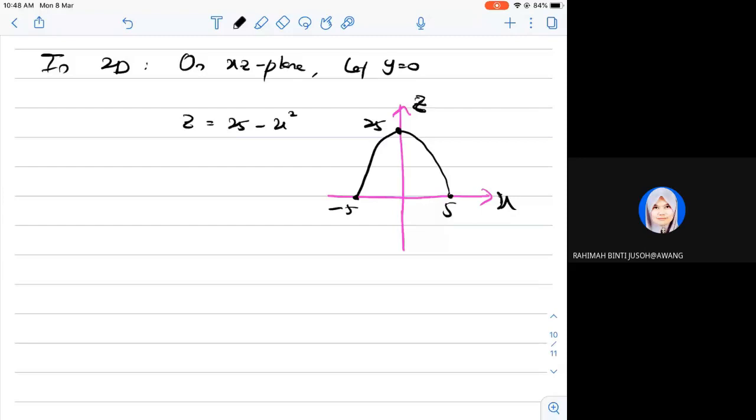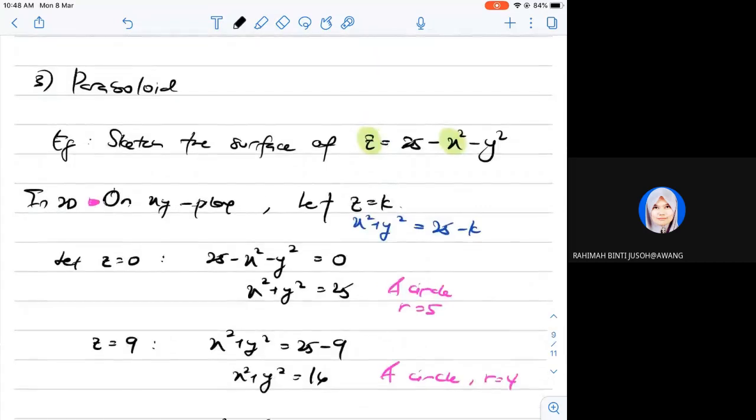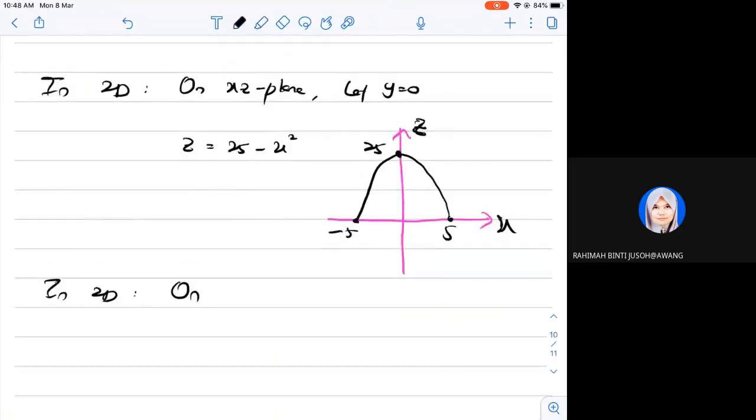Okay, next, again into D. Tadi saya pasangkan Z dengan X, but now I want you to combine Z with Y pula on YZ plane. Okay, on YZ plane, tadi kalau XZ, Y itu kosong. So now kalau YZ plane, apa yang kosong?